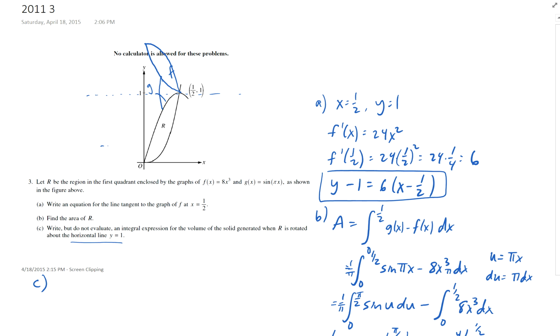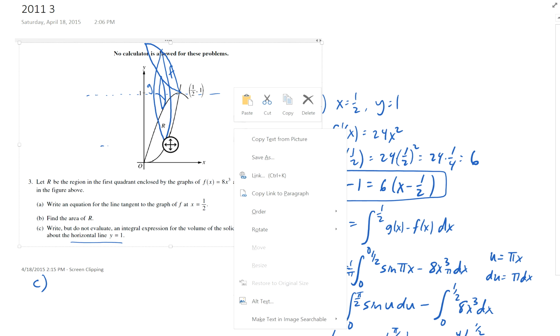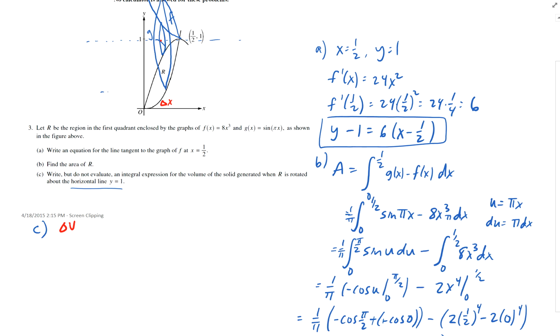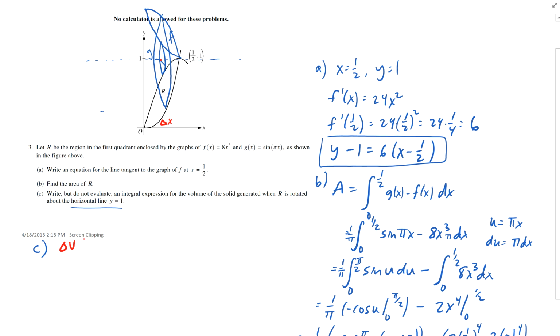You've got to recognize that shape right there, that nice little washer right in the middle with thickness delta x. If I go in the middle and ask what my piece of volume is in there, it's going to be a washer, pi R squared minus r squared delta x.